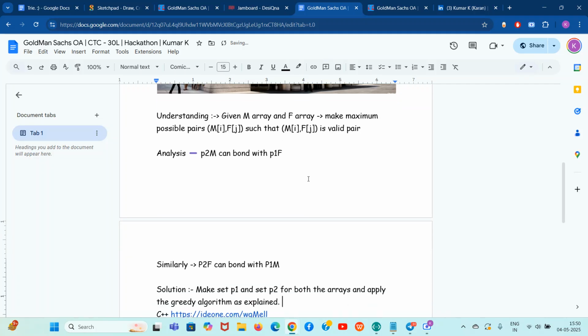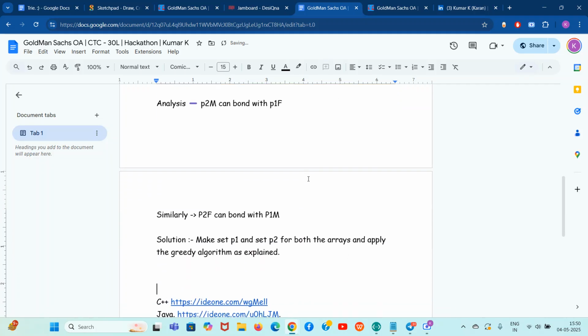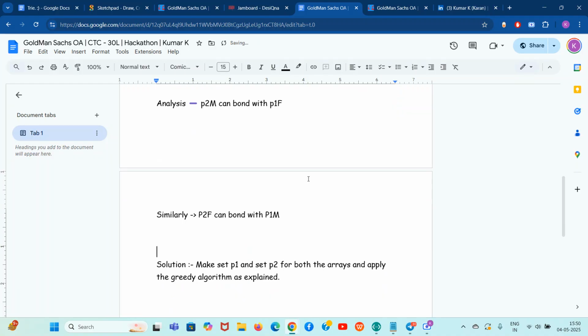Now, how to do the bonding? Run two pointer greedy algorithm to find the maximum bonding possible.